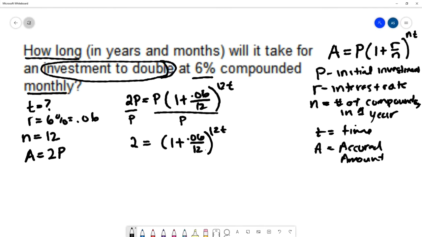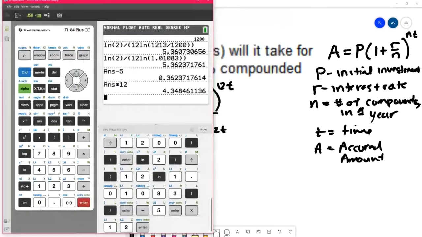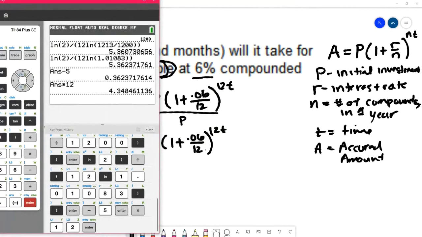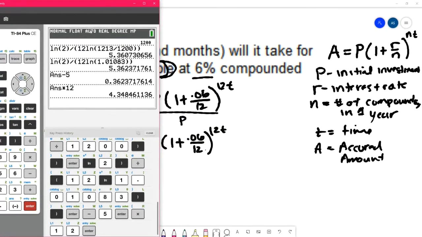I'm going to bring my calculator over here and let's work out 1 plus 0.06 over 12 so we can simplify inside here.